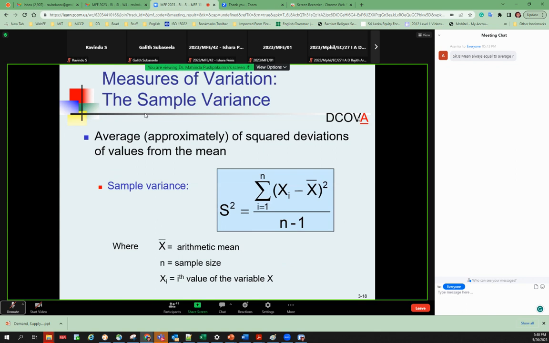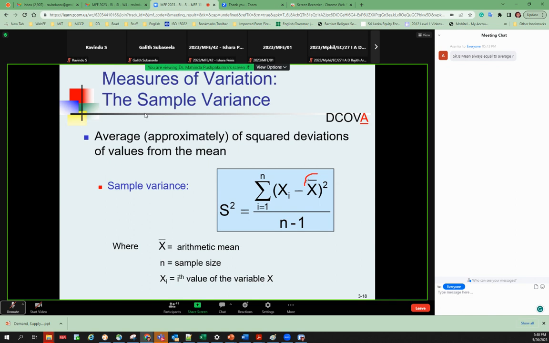Then another measure is the sample variance. It is the average square of deviation of values from the mean. That means variance shows how each observation deviates from the mean value.